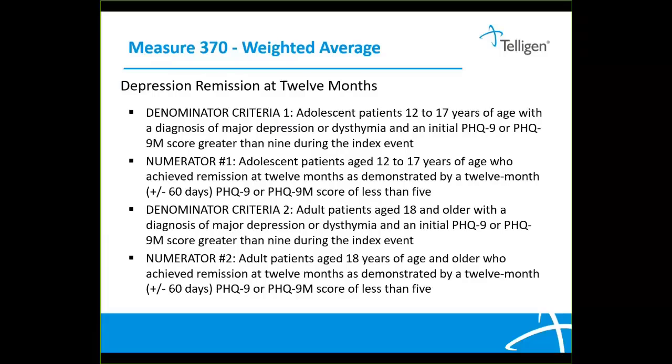The numerator is the number of patients who achieve remission at 12 months, as demonstrated by a 12-month, plus or minus 60-day, PHQ-9M score less than 5. So for denominator 1, adolescent patients ages 12 to 17, or denominator 2, adult patients ages 18 and older. That's the two different criteria.